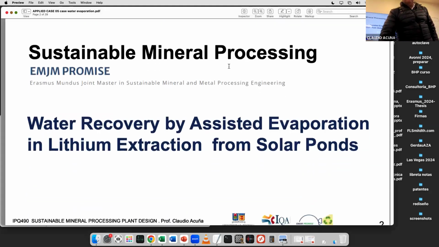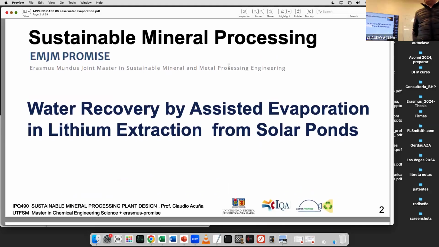our really important task is a technology: water recovery by assisted evaporation in lithium extraction from solar pump. This is focused on the lithium industry, but you can get water from whatever residual water you have from a reverse osmosis plant, from other operations, whatever dirty water you have.